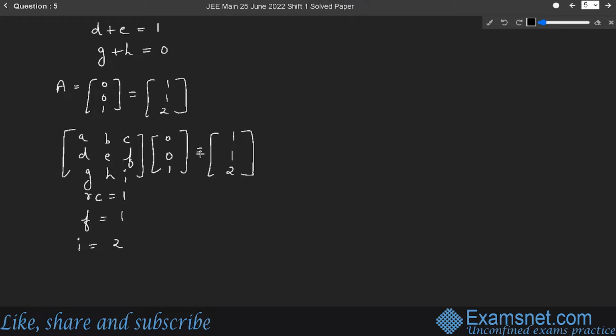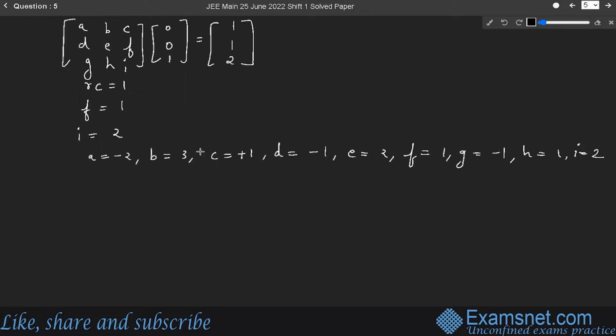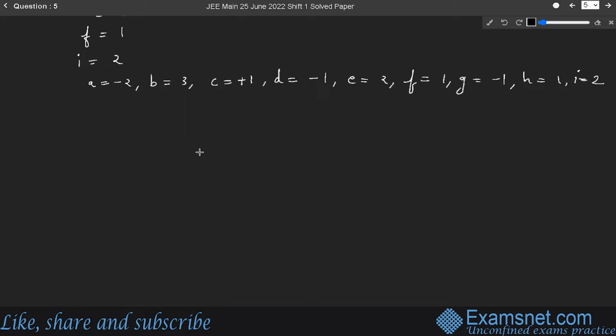On solving, we get A is equal to minus 2, B is equal to 3, C is equal to 1. So D will be equal to minus 1, E will be equal to 2, F will be equal to 1, G will be equal to minus 1, H will be equal to 1 and I will be equal to 2. Hence, we can fill the quantities in matrix A. So, matrix A will be [-2, 3, 1; -1, 2, 1; -1, 1, 2].